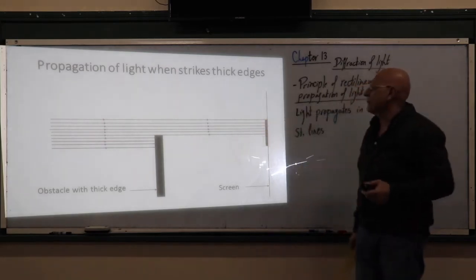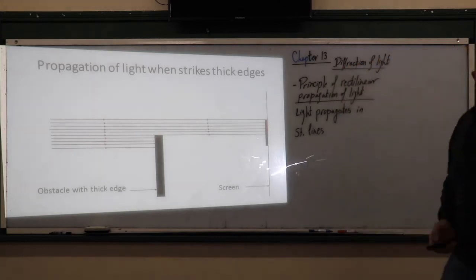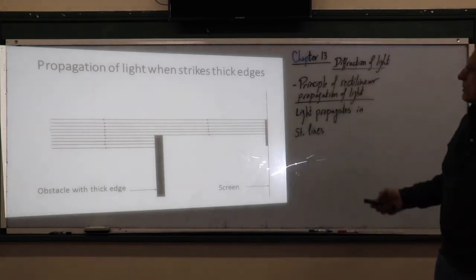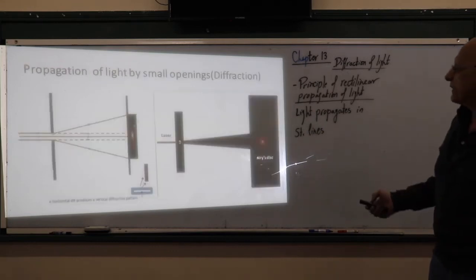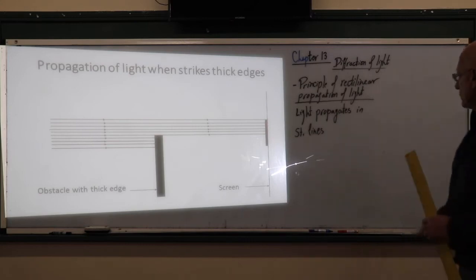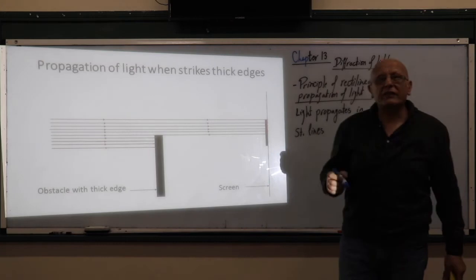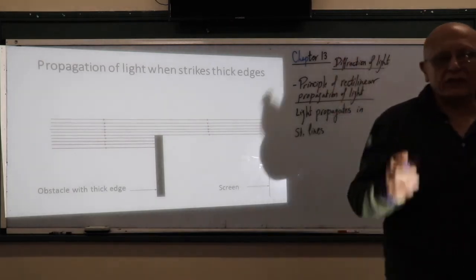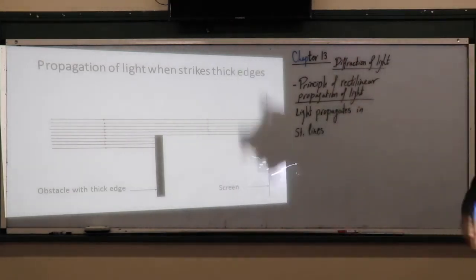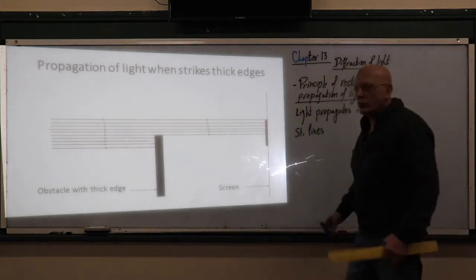Okay? All these were examples about the principle of rectilinear propagation of light. The question now is: is the principle of rectilinear propagation of light always valid? This is my question that we want to answer.